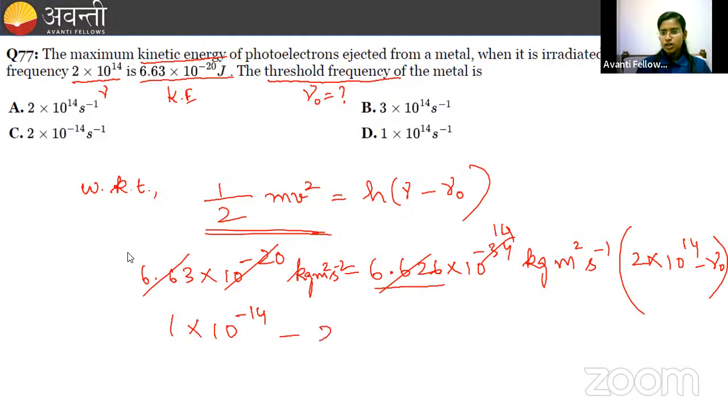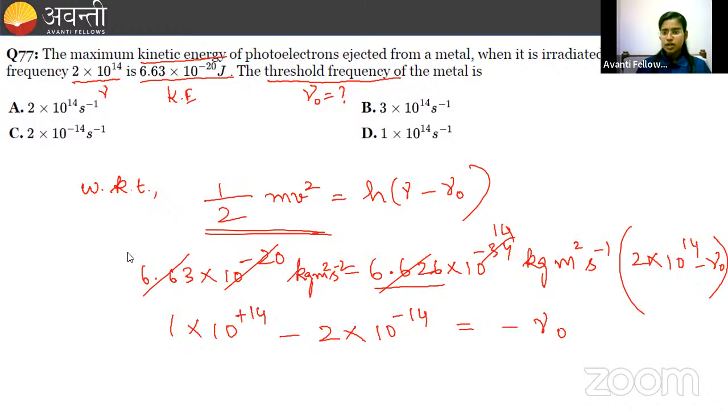minus 2 × 10^-14, which is actually equal to minus ν₀. Sorry, it is not minus 14, it is plus 14, because if it comes to the other side, it becomes plus.